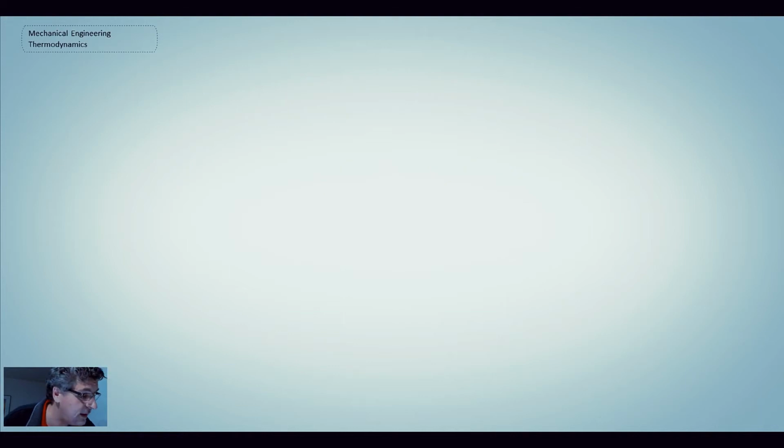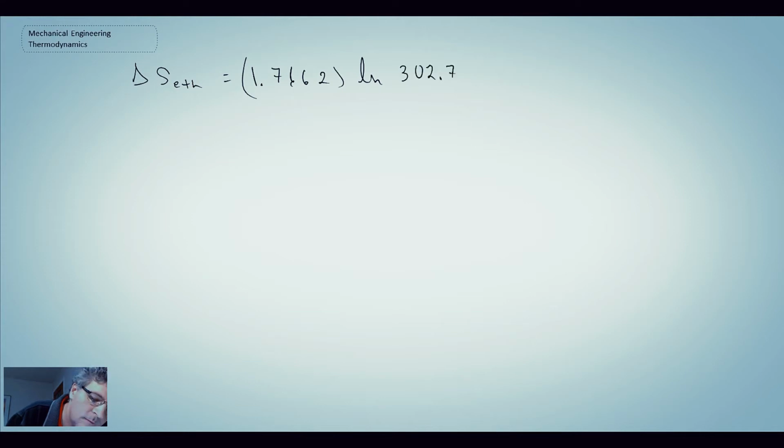So we can proceed and evaluate the change in entropy for both of the gases coming in and exiting. And notice we're using the temperature of our exit stream that we determined from part A of the problem.